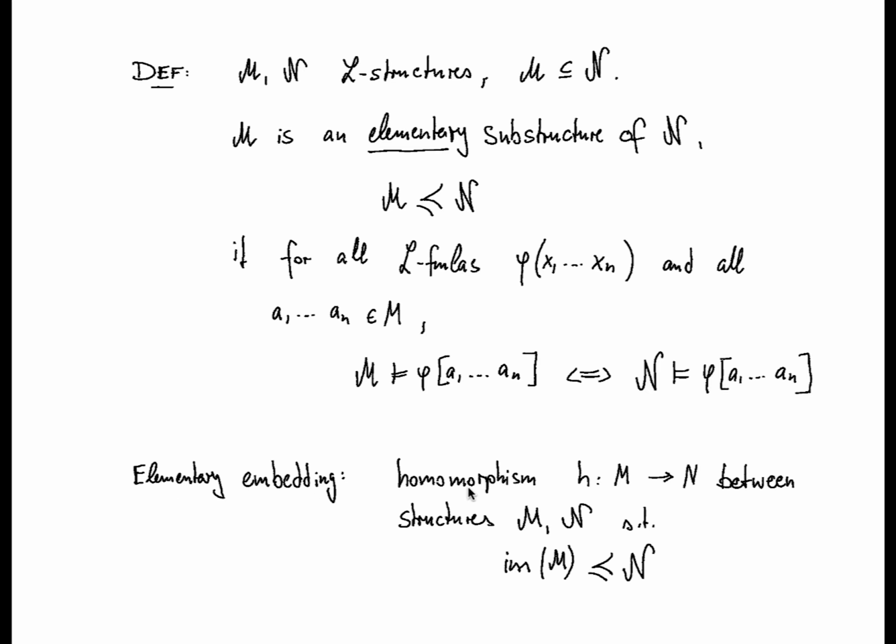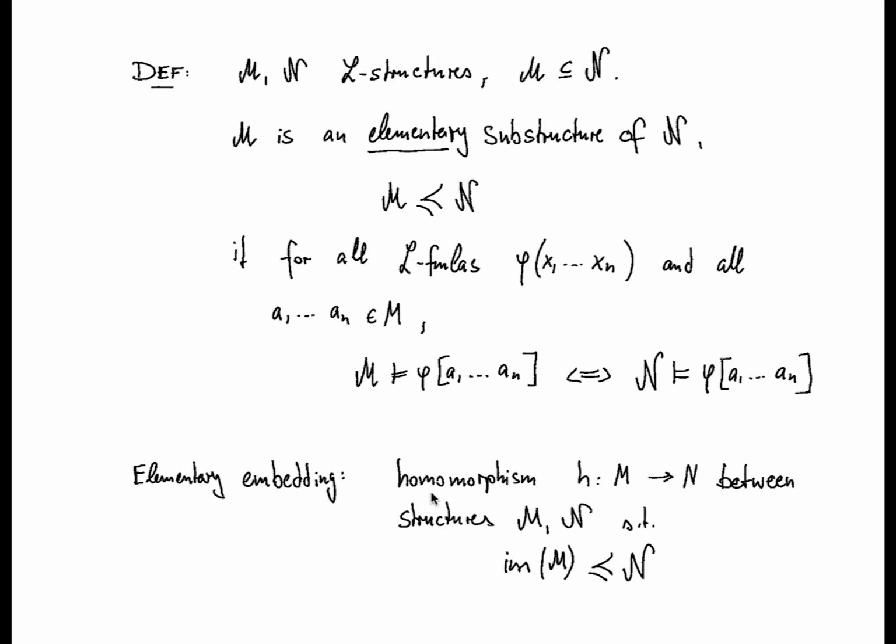That holds if there is a homomorphism between the two structures, so that the image of that homomorphism is an elementary substructure of N. Right? So homomorphism for structures, recall, means we can define a mapping that preserves essentially all functions, constants, and relations between M and the image.